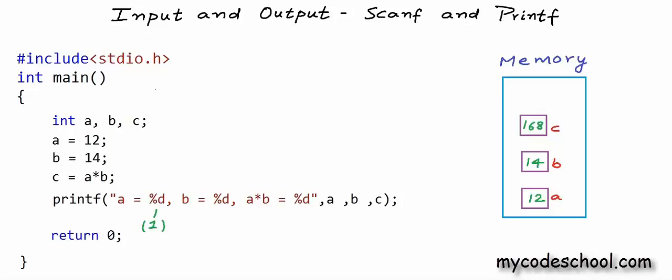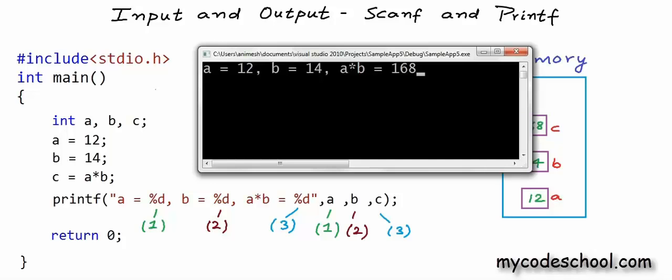While formatting, printf will replace the first %d with the value in a. So the first %d will be replaced by the first argument after the string constant, then the second %d will be replaced by the value in the second argument, that is the value in b, and the third %d will be replaced by the value in c. If I run my program, this is how my output will look.